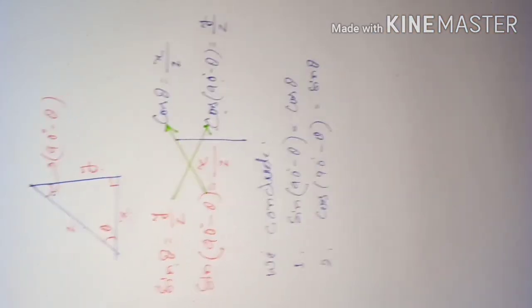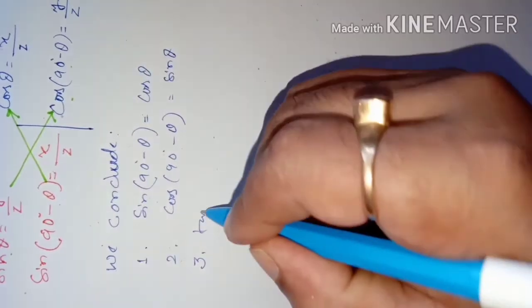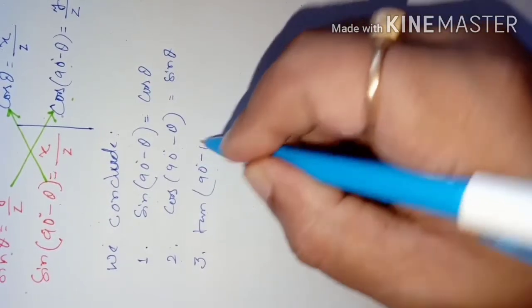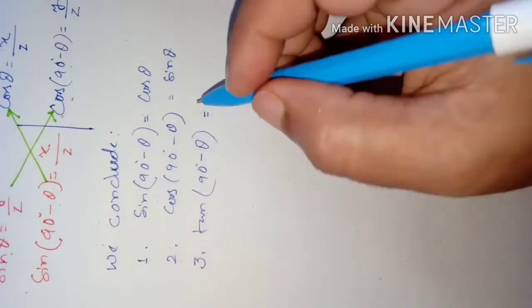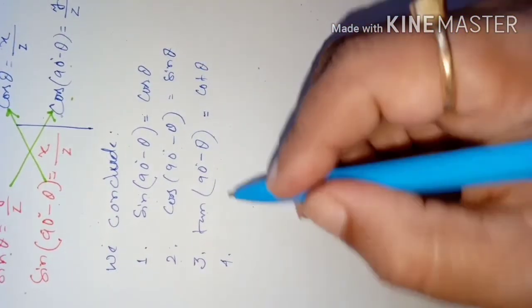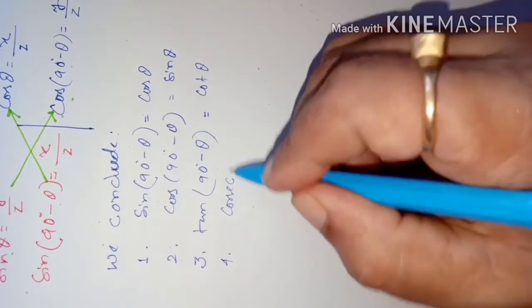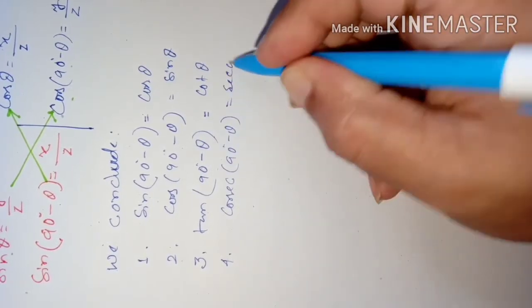Similarly, tan of 90 minus theta will be cot theta, because sin becomes cos and cos becomes sin. The same way, cosec of 90 minus theta gives sec theta. You got this in class 10 also.